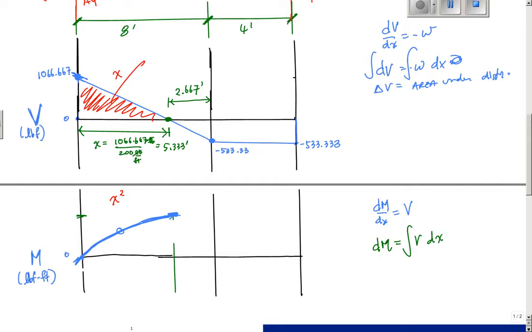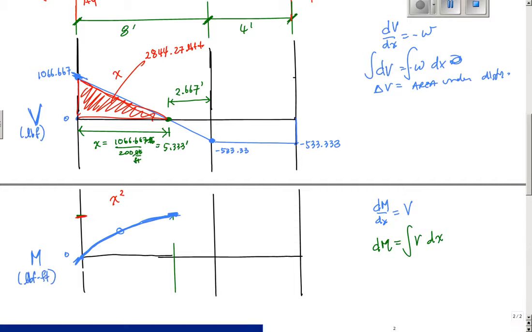This area is about 2,844.27 pound force feet, some number. That's the area of this, 1/2 base times height. That's a no-brainer. So right here, this is 2844.3 pound-feet.